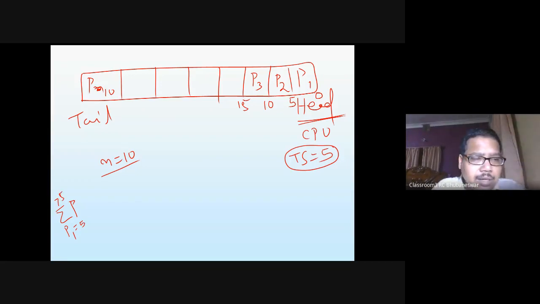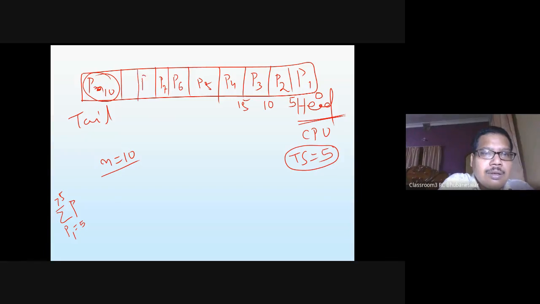If this is the case, now you see at what time this P10 is going to start its execution. Can you tell? So here, let's take P4, P6, P7, now P8, now P9.